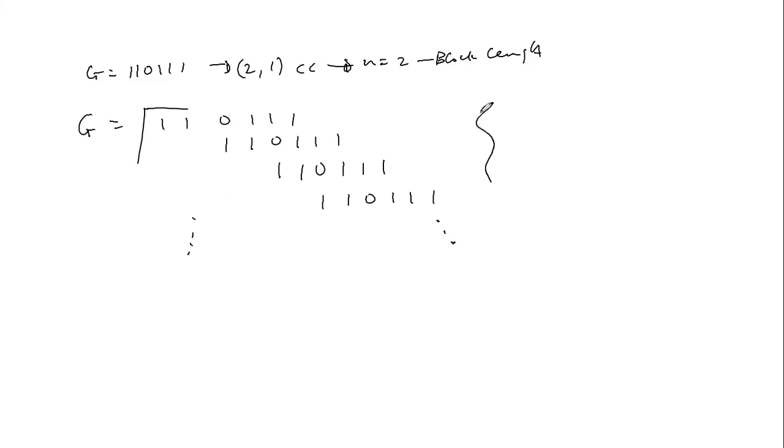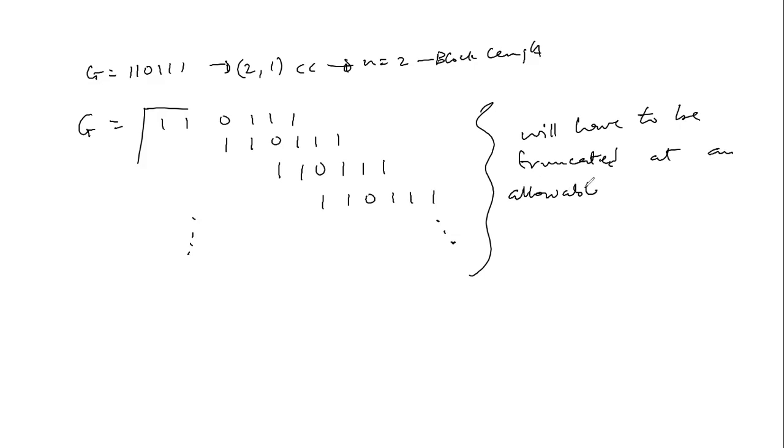But in practice, there will be a maximum allowable degree. Hence, the generator matrix will have to be truncated at an allowable degree or limit.